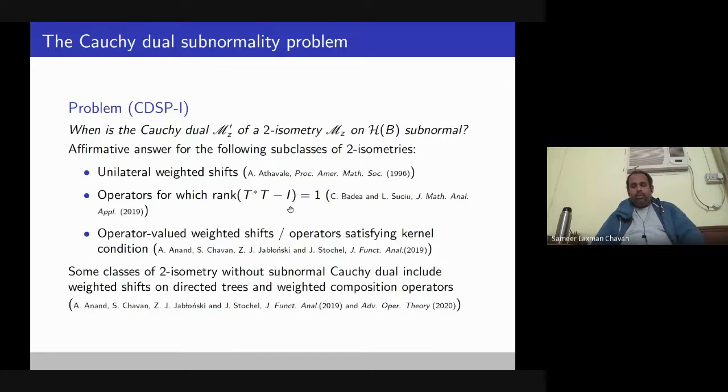Now the question is: what happens if the rank of T*T minus I is finite? This is a curiosity, and we are going to address this problem. Till now we do not have any counterexample, and we are going to produce some affirmative answers in the case of rank 2.